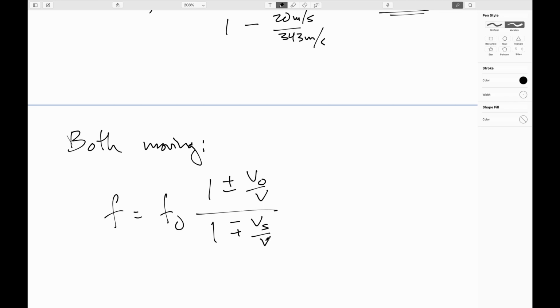So all four possible combinations of plus and minus signs can occur. So you have to think carefully about how each one of them is moving toward the other, not whether they're relatively approaching each other, whether they're relatively coming together or relatively pulling apart.